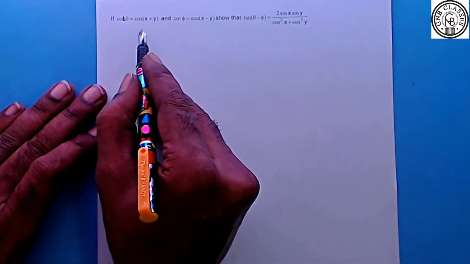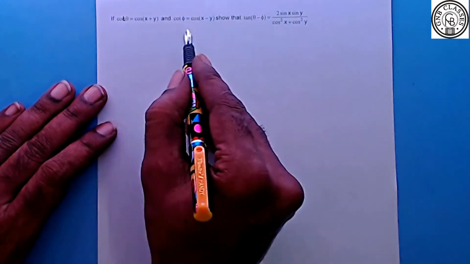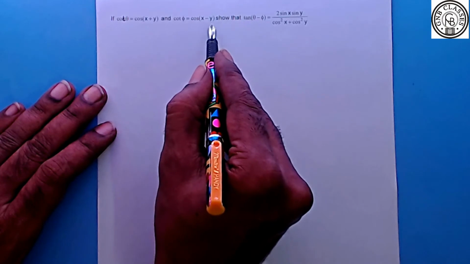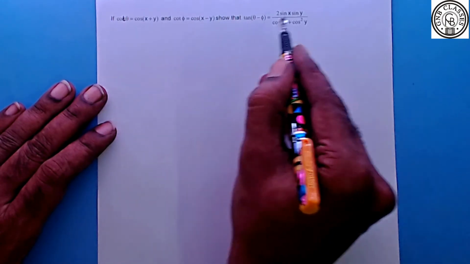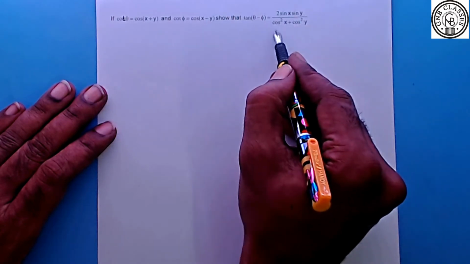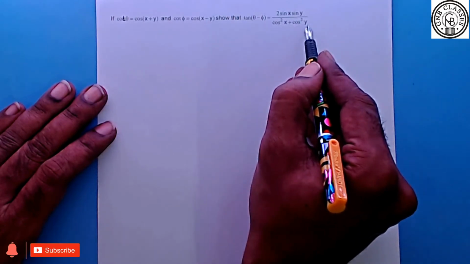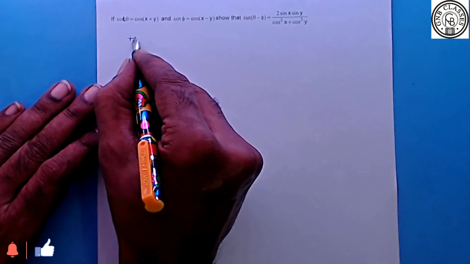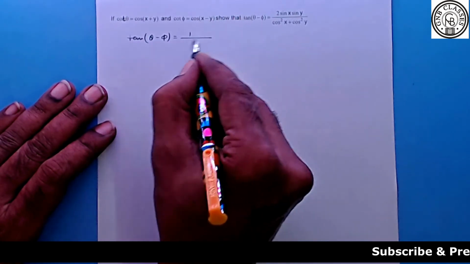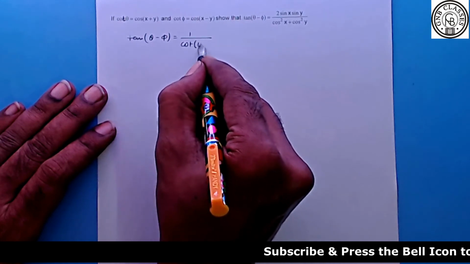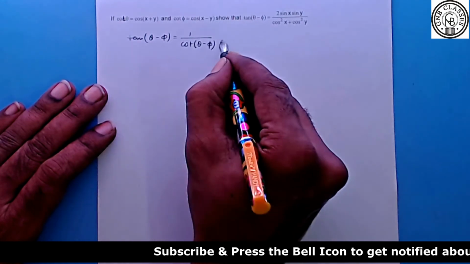If cot theta equals cos(x plus y) and cot phi equals cos(x minus y), then show that tan(theta minus phi) is 2 sin x sin y by (cos square x plus cos square y). So we start with tan(theta minus phi), which can be written as 1 by cot(theta minus phi).